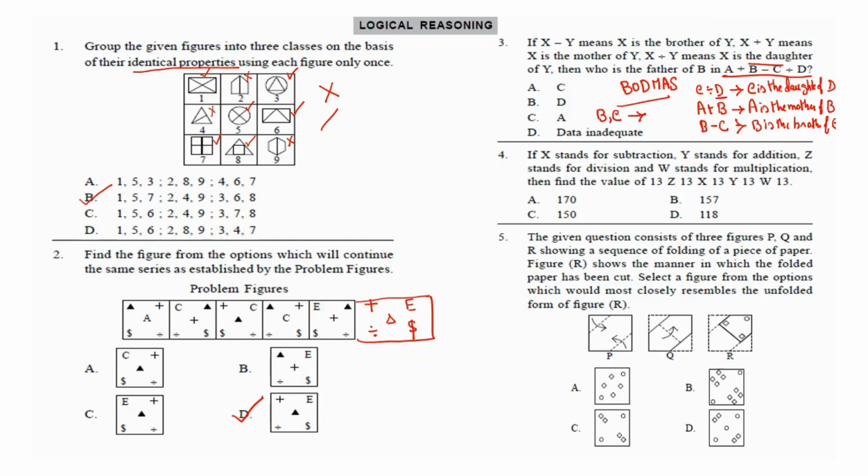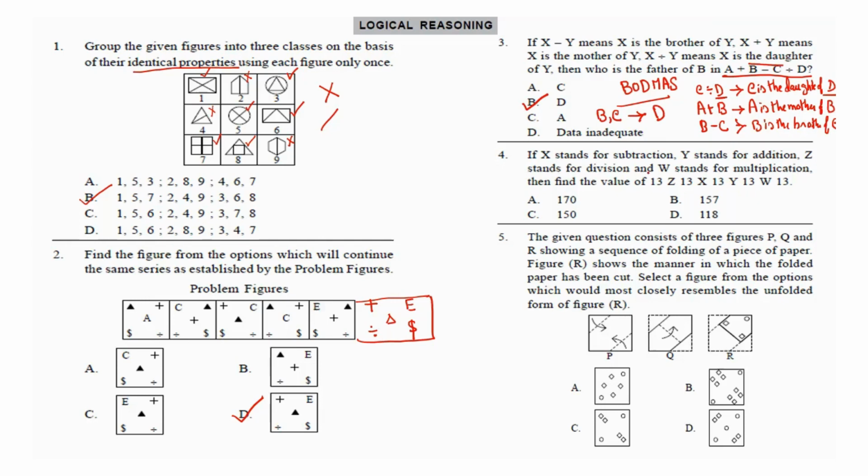Their father is D. So D is the father. So your correct answer is option number B. Like this, you have to find the answer that is embedded in the question only. So let's go to question number 4.